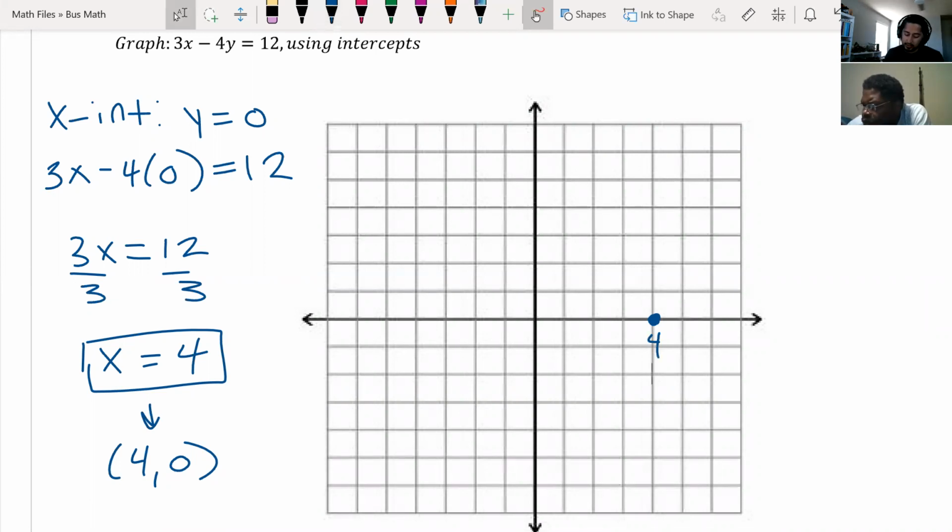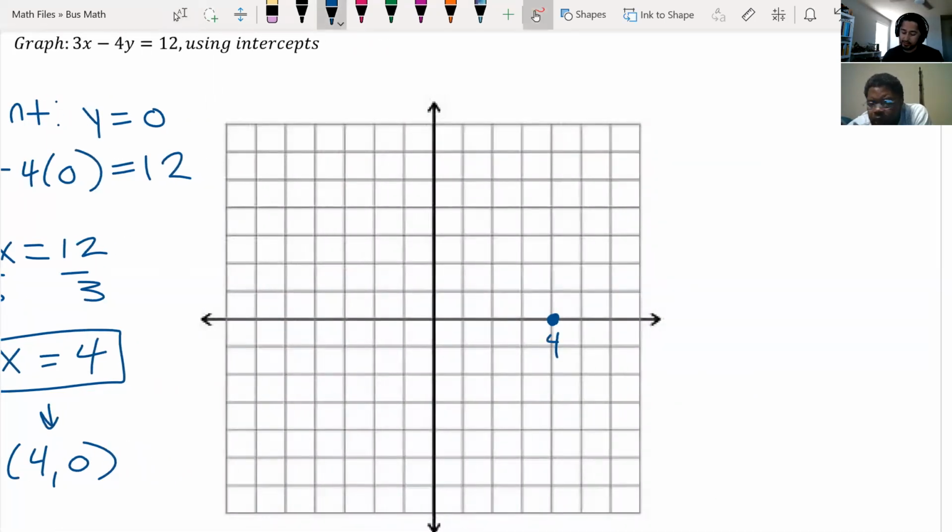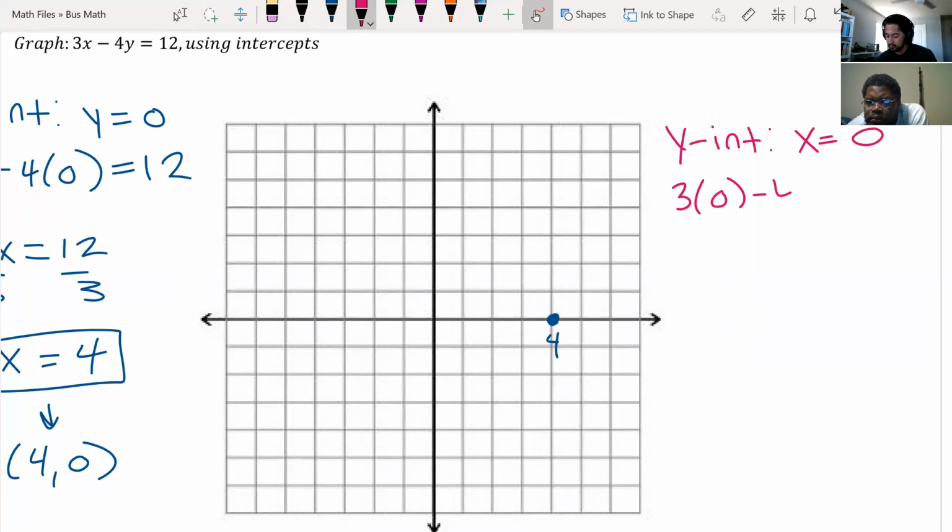Okay, now let's go ahead and find the y-intercept. To find a y-intercept, we let x equal 0. So using the same equation, you're going to plug in 0 for x and solve for y.